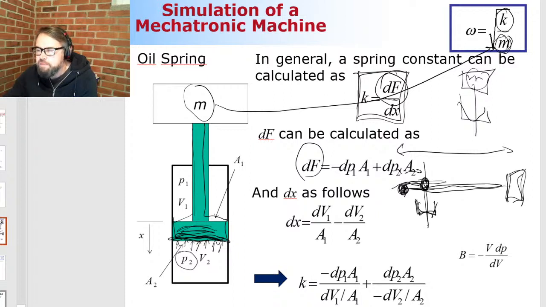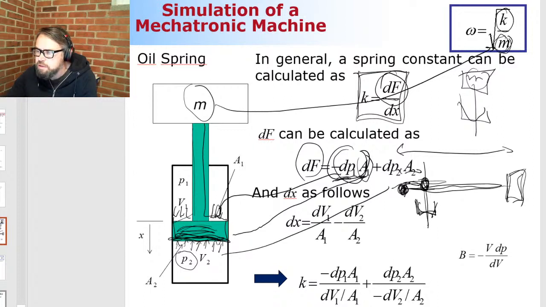If I want to change that force, I need to change the pressure, so I introduce a small difference in pressure multiplied by the corresponding cross-section area. There's also pressure P1. P1 is this one here, P2 is this one here.